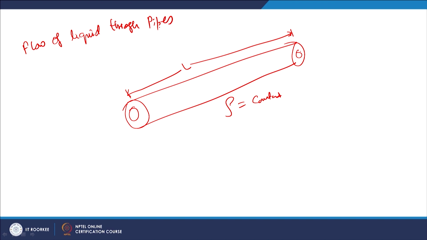Flow through pipes. Now, the initial conditions are P1, U1, Z1, and the final conditions are P2, which is less than P1, U2 is equal to U1, and Z2. Here we have taken this thing that rho is constant.